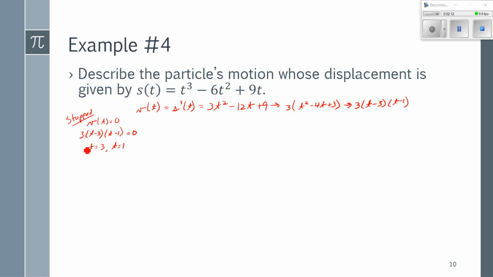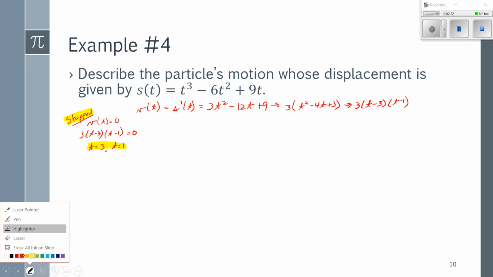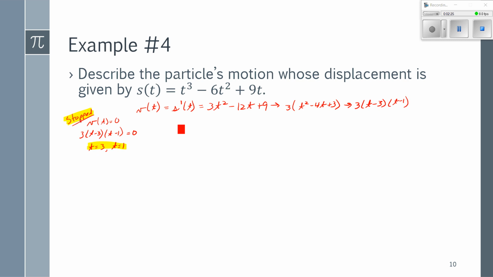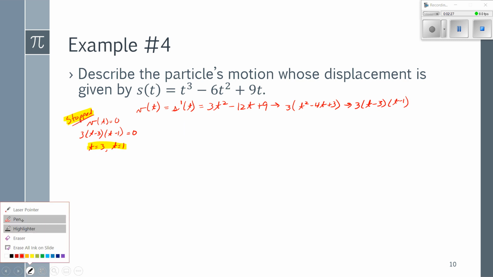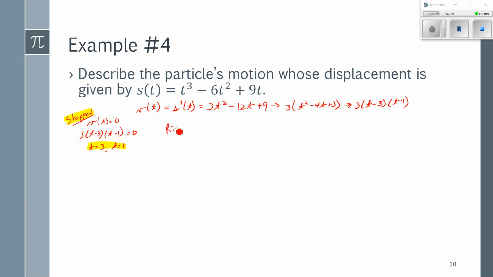So this is a good thing for me to know, is that this is stopped at those times. But then I also need to talk about when is it moving right and when is it moving left. So it's moving to the right when v of t is greater than 0, and it's moving left when v of t is less than 0.